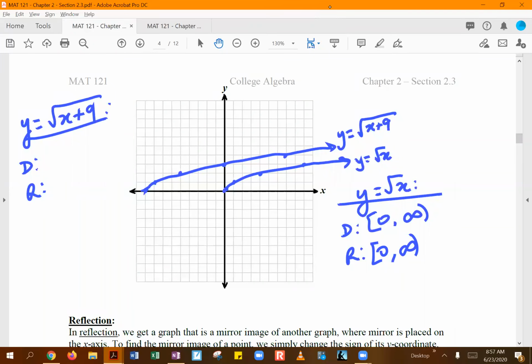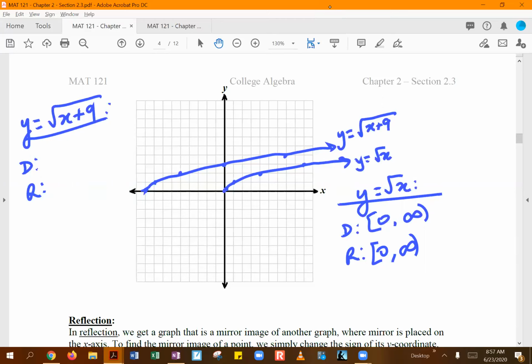Okay, so how does this get affected when we move the graph 9 units to the left now? What happens to your domain and range for the square root of x plus 9 function? Does the 0 become -9?